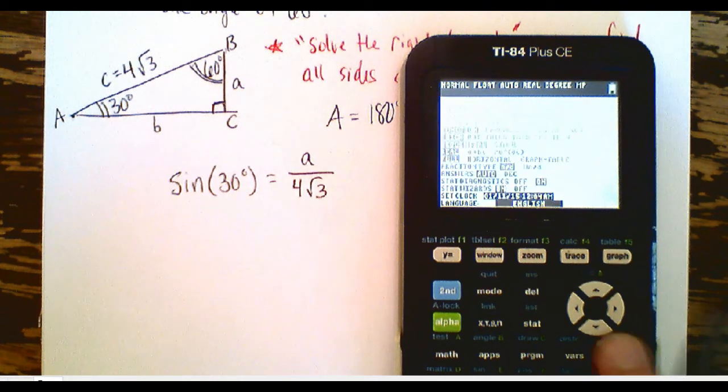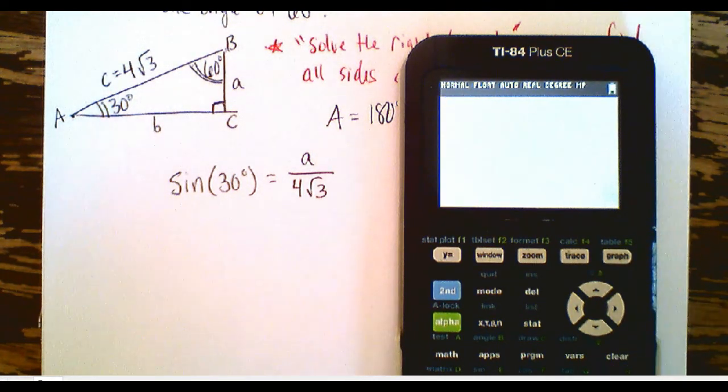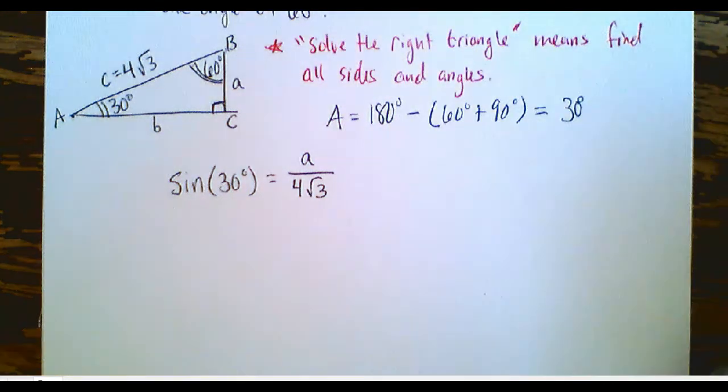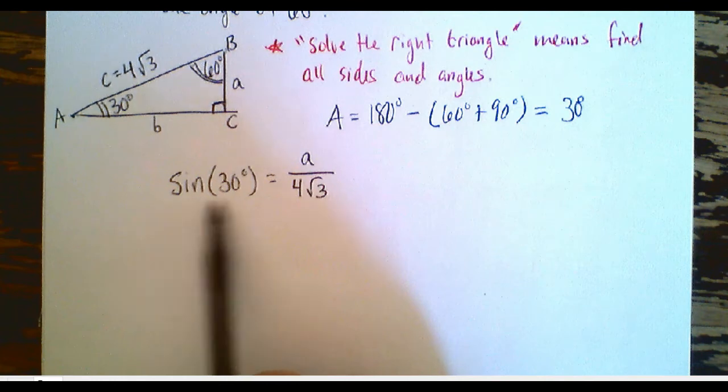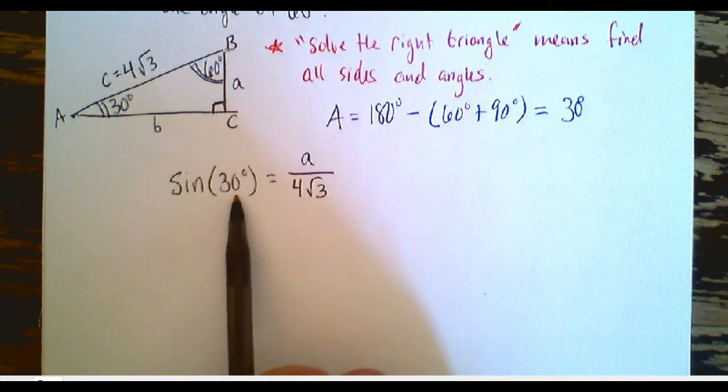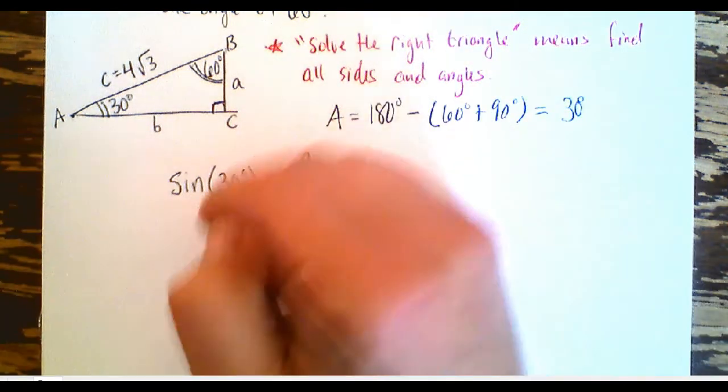If you're using another calculator, just make sure that you have it in degree mode. So sine of 30 degrees is 0.5 or 1/2, right? We could have gotten that from the unit circle, too.